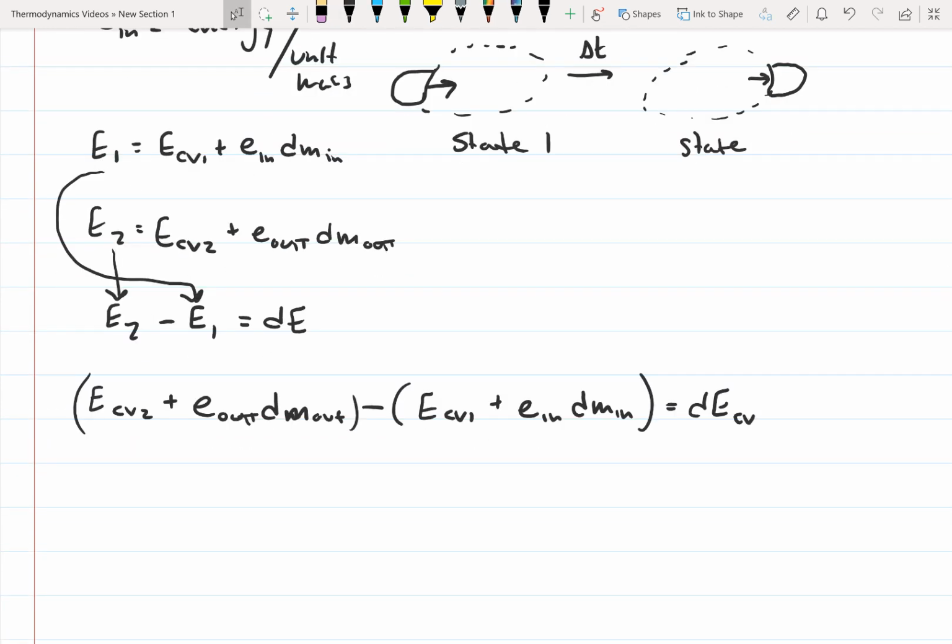So now what we can do is group terms together. I'm going to group these two terms together and these two terms together.